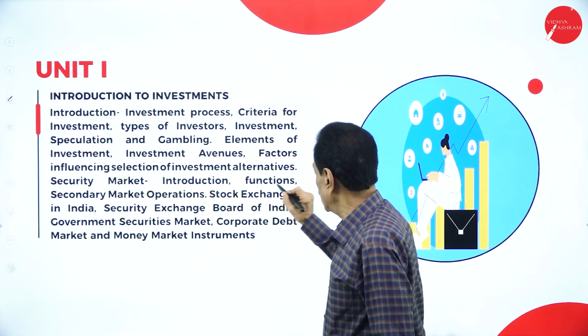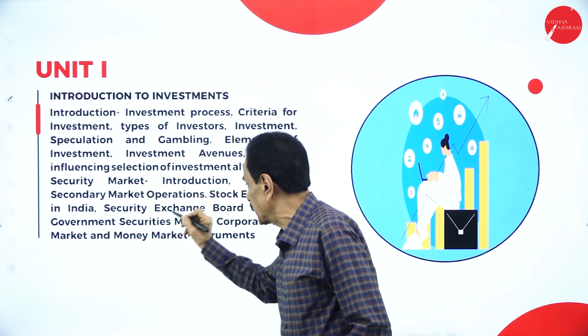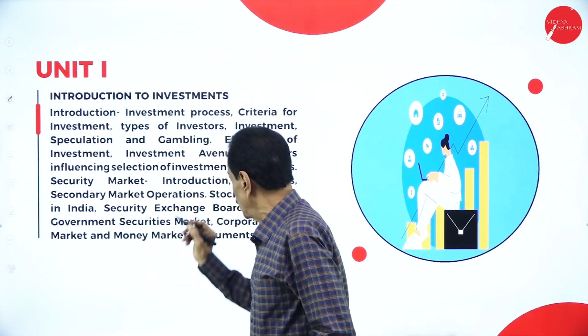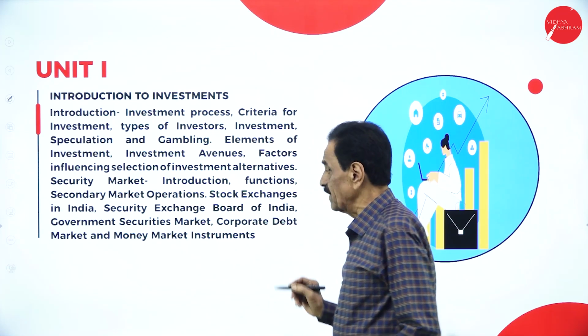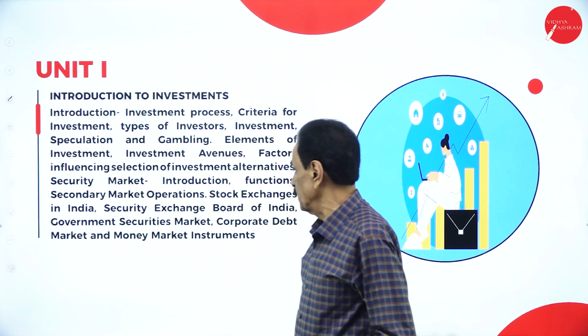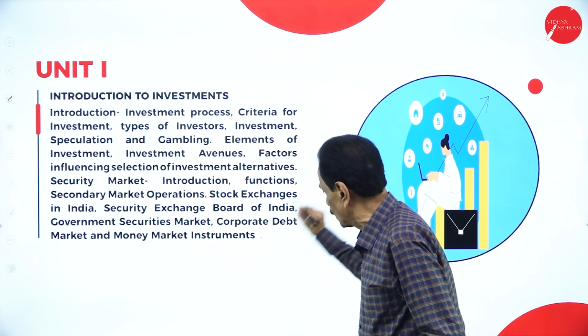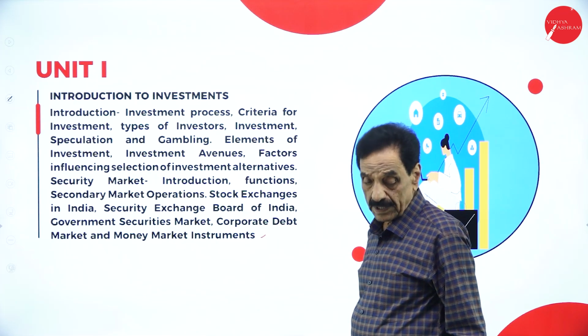Then introduction to functions, secondary market operation, stock exchanges in India, Securities and Exchange Board of India, government security market, corporate debt market, and money market instruments. You have to go through it in detail.